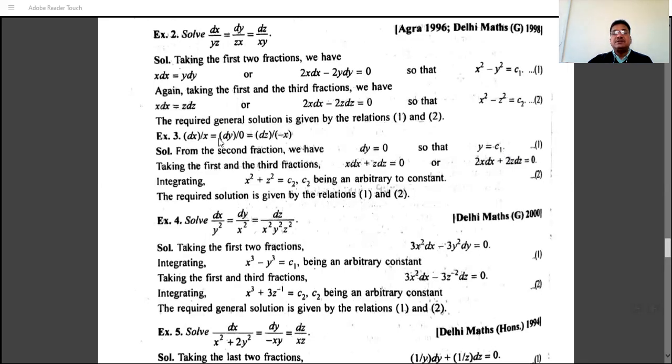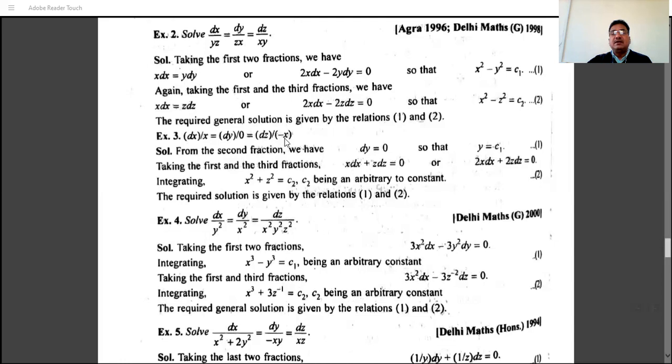And then consider the first and third fractions. I think here it is minus z, so the correction is at this place: dx divided by z, dy divided by minus x.